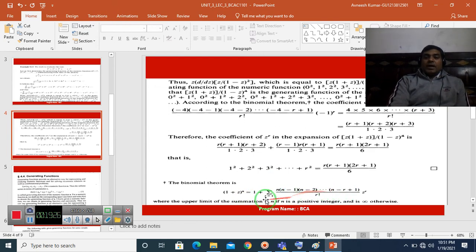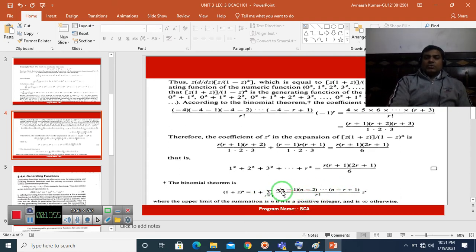Or if n is an odd number, the term will be negative. So here n is 4, so the result will be all positive. The answer is n minus 1, n minus 2, up to n minus r plus 1. Here n equals 4, so it becomes minus 4. So minus 4 or plus 1, you just put the value to get the z to the power r coefficient in this term. Just memorize this, you will get it in the 12th class.